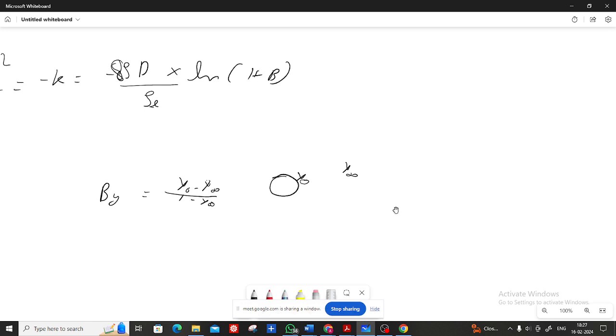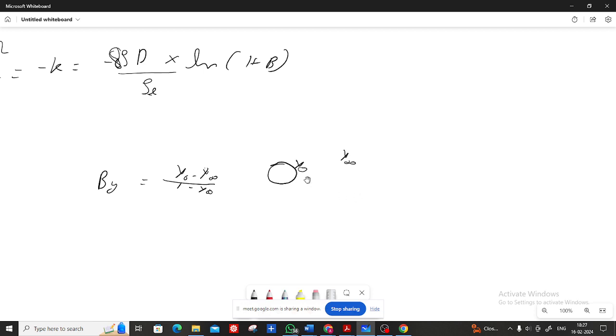Anyone, even Harsh, can you tell me what is Y naught? Can you calculate it at a given temperature? Suppose the temperature is T. At temperature T, how will you calculate Y naught? It is the mass fraction, and we can calculate it from the mass fraction at the interface.